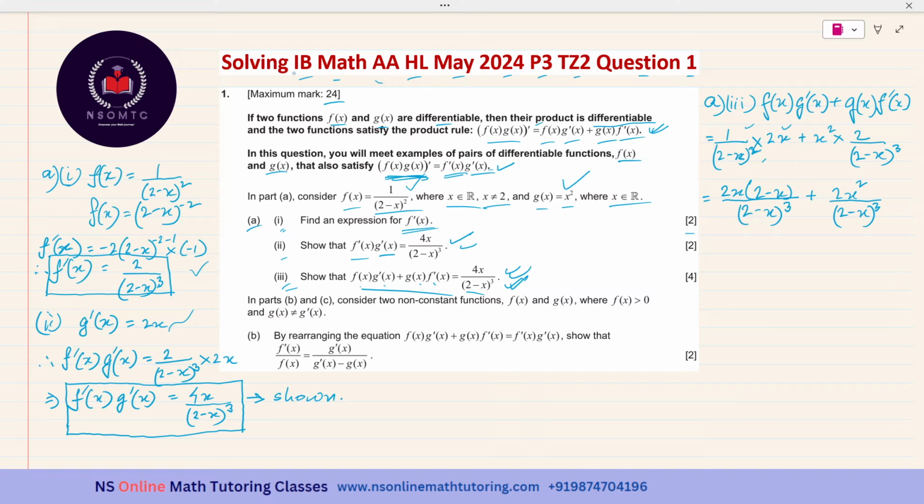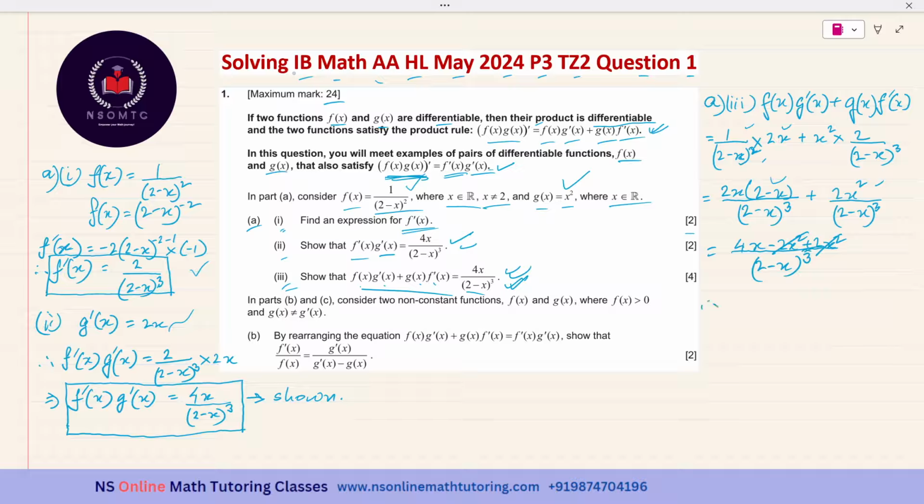Okay, so now I can combine these two terms. So (2 minus x) whole raised to the power of 3, and I am expanding this part. It is 4x minus 2x squared, and from this it is plus 2x squared. Okay, plus 2x squared. So these two will be getting cancelled.